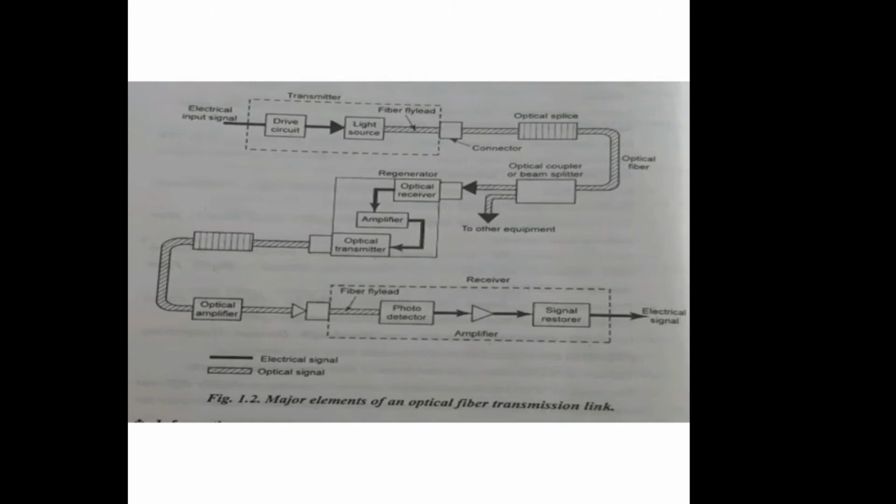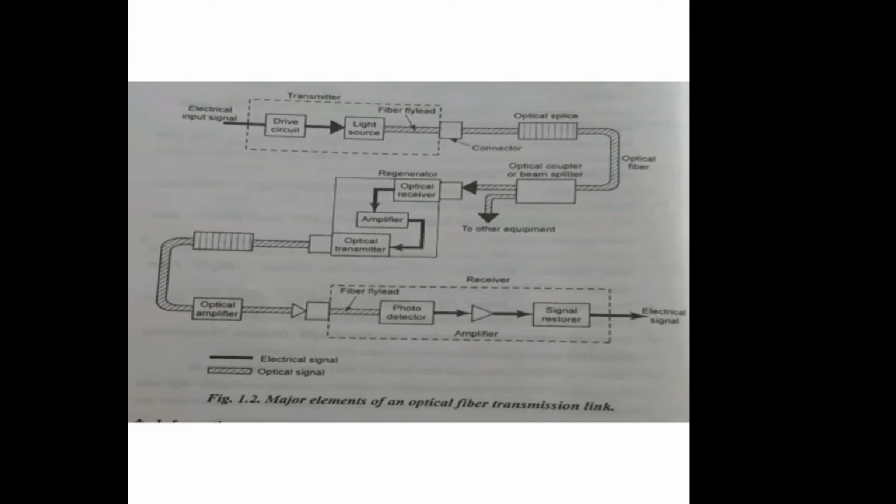Similarly, here also, this driver circuit is used for reducing the heat in the laser circuit. So this light source may be LED or laser. These are the two important optical sources we will study later.